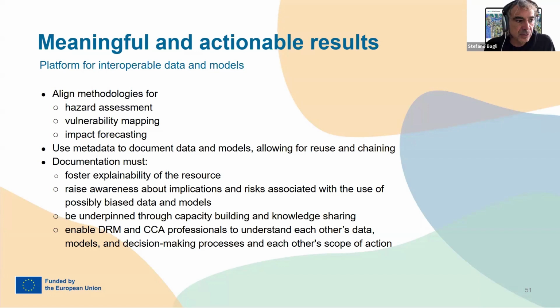Good documentation should also enhance explainability, foster awareness about bias and risk, and enable knowledge sharing. Interoperability enables disaster risk management and climate change adaptation professionals to better understand each other's data, models, and decision-making processes. Next slide.